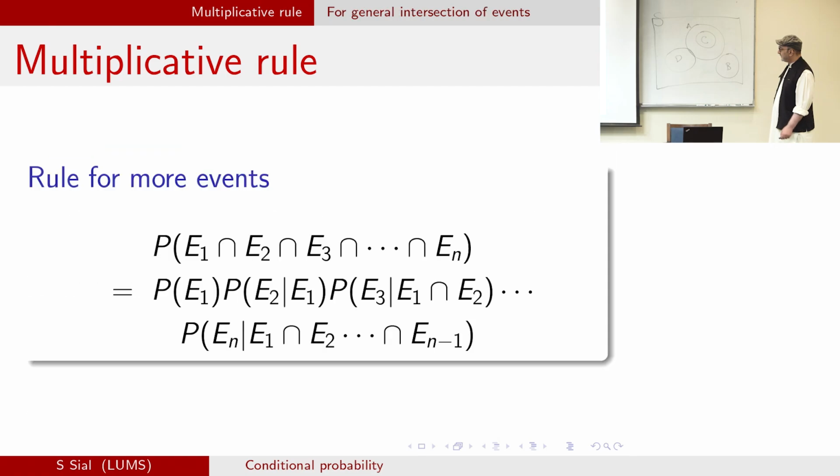And in principle, we can write a nice long rule for the probability of the intersection of n events if we wanted. We don't want to do tediously long calculations in this course. It's more important to understand the ideas than to be able to do lengthy calculations.